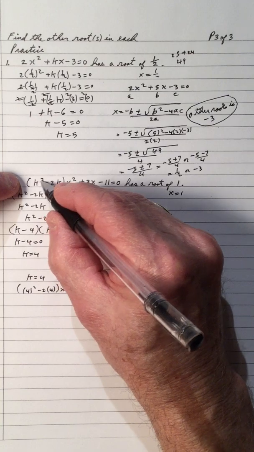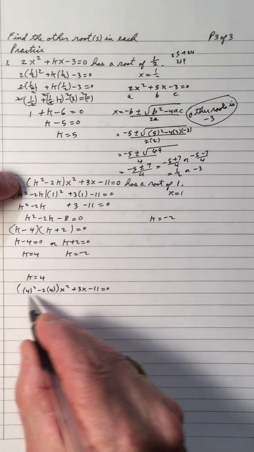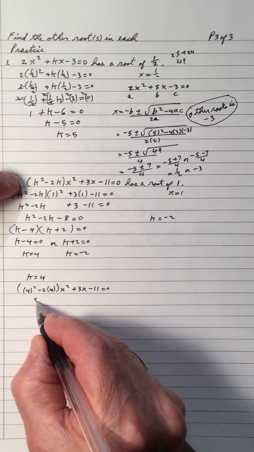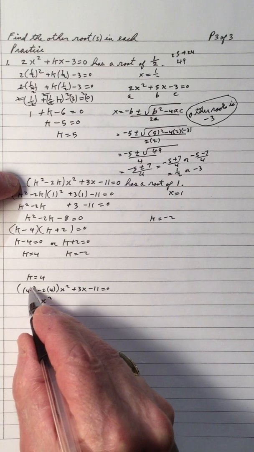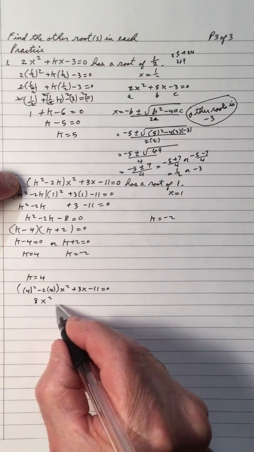So 4 goes right here, squared, 4 goes right here. And this is inside the bracket, so that's a 16 minus 8. So let's simplify that quickly, because you've got to work the inside: 16 subtract 8 is 8.